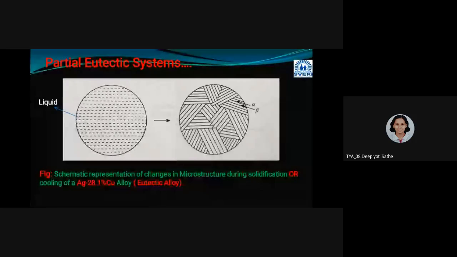Whichever amount of liquid is there, it will get transformed to the eutectic mixture of alpha and beta. Please draw the microstructure.